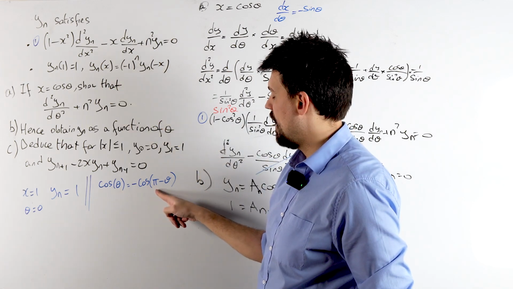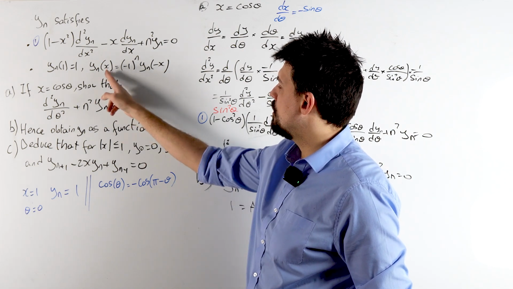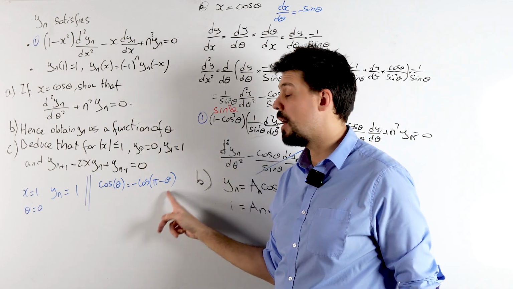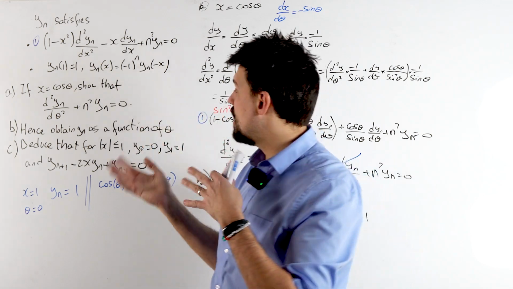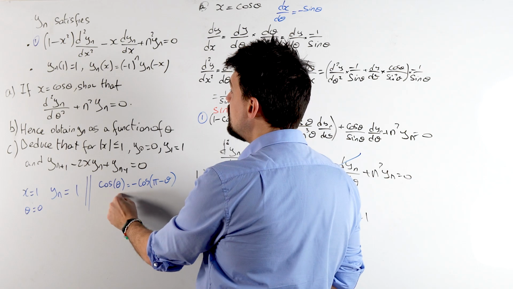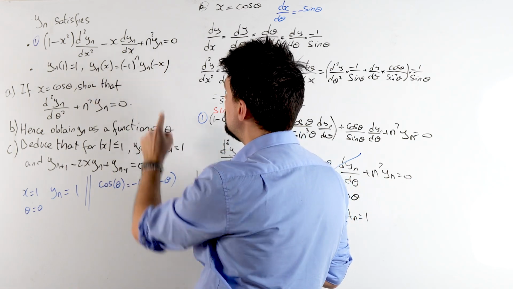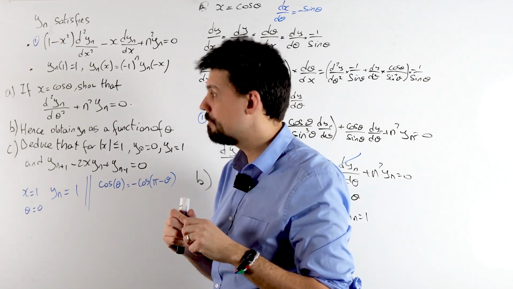So if θ gives me the value of x, what value of θ will give me minus x? It will be π minus θ, right? That's the idea we're going for here. Because we are changing variable, I need to know what happens to my variable within this condition. So if cos θ is x, cos of π minus θ is minus x. All right? Got it.